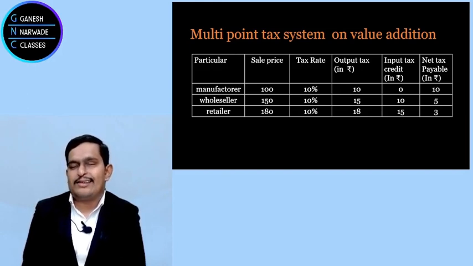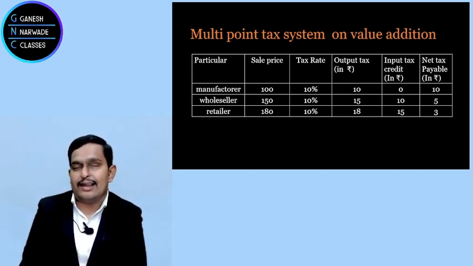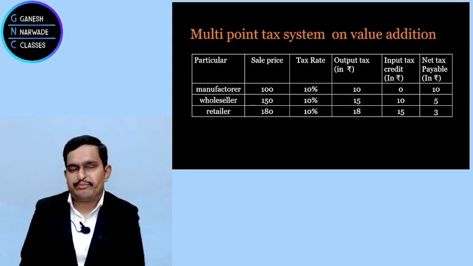So 165 rupees wholesaler will collect from retailer. Okay, but this 15 rupees wholesaler collected from the retailer, did he pay 15 to the government? Absolutely no. Because already 10 was paid, right? So he will deduct that and 5 he will pay.